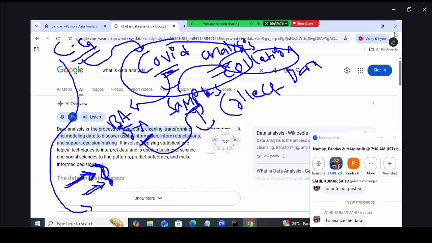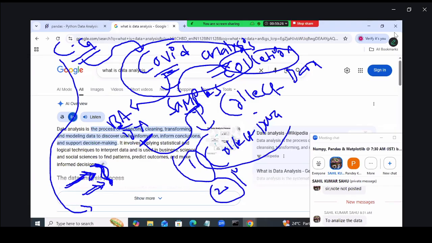Now this is nothing but reading data, collecting data. First, he will collect the data. After collecting the data, next he will try to inspect the data, because data analysis is nothing but inspecting the data.